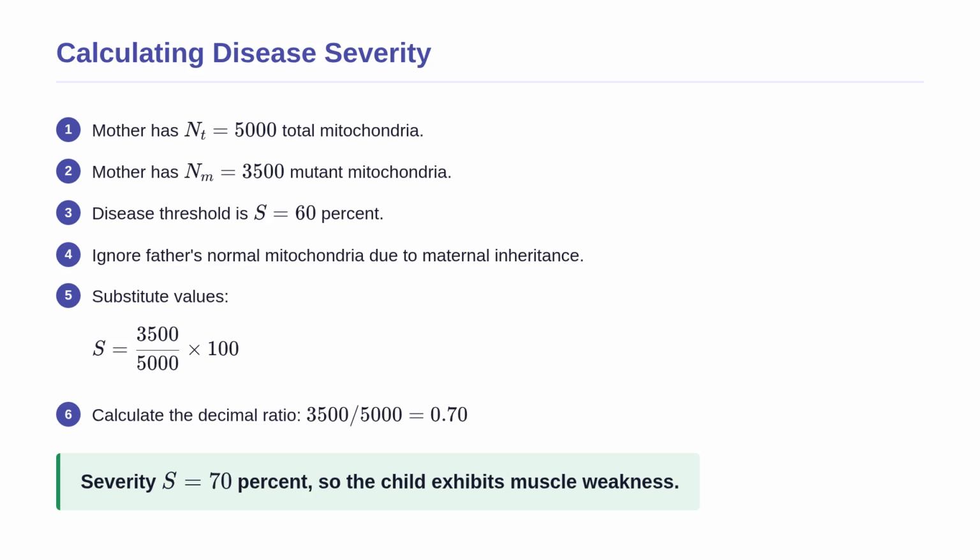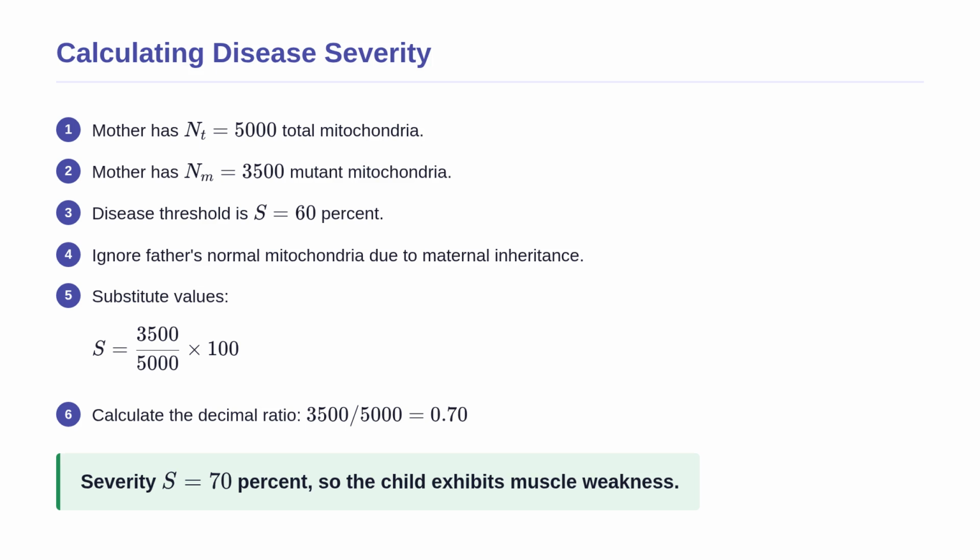Let us apply this formula to a concrete example. We are given a mother who carries a mitochondrial mutation for muscle weakness. She has a total of 5,000 mitochondria, and 3,500 of them are mutated. The father has normal mitochondria, but we completely ignore his contribution because this is extra-chromosomal inheritance.